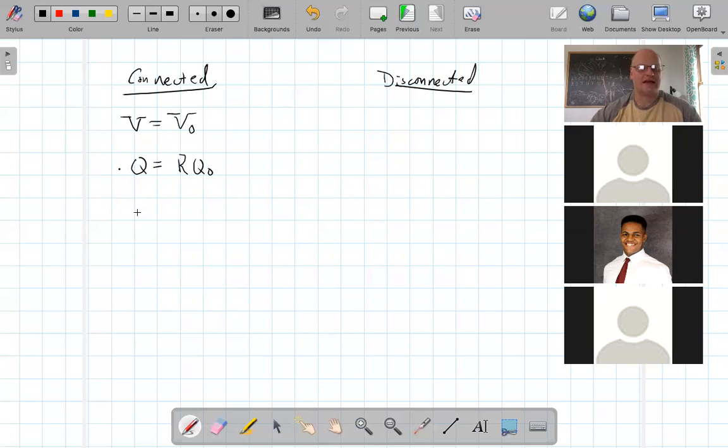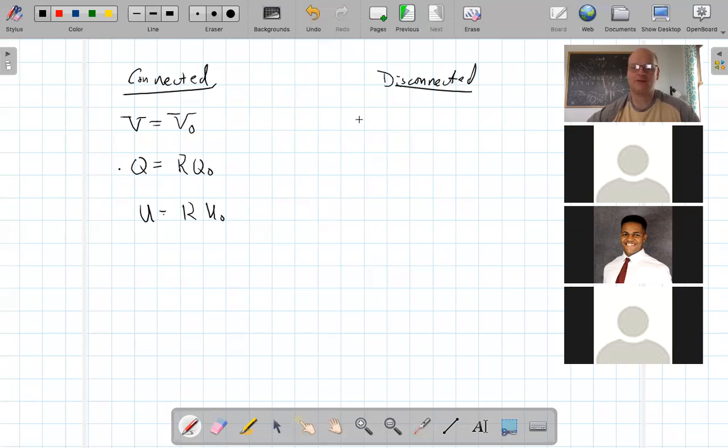Which also means that the energy stored is going to also increase by a factor of the dielectric constant. Good. So that's what happens for when it's connected. So the energy goes up, the charge goes up, but the potential remains the same.